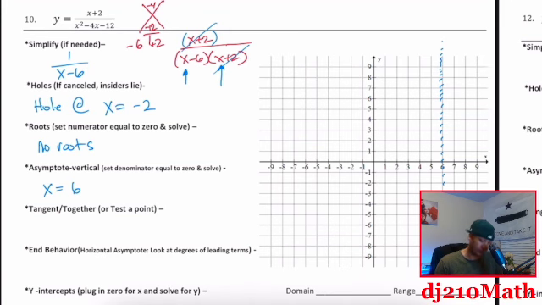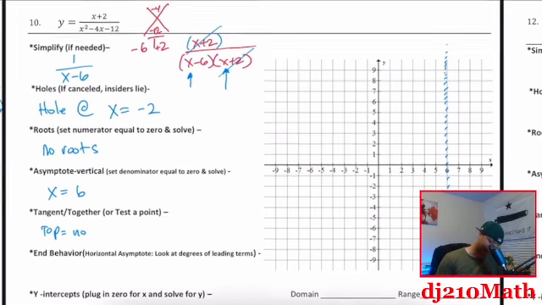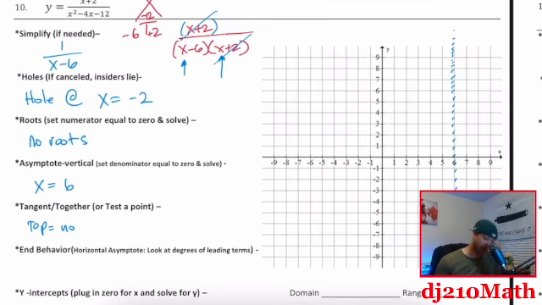What else? Tangent together. So we look to see, are there any square factors in the numerator? No, there's not. It's just a 1. I'll leave that alone for right now.